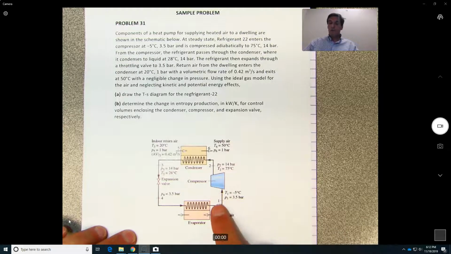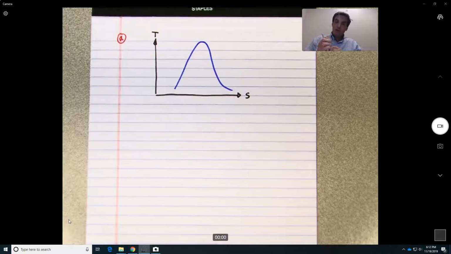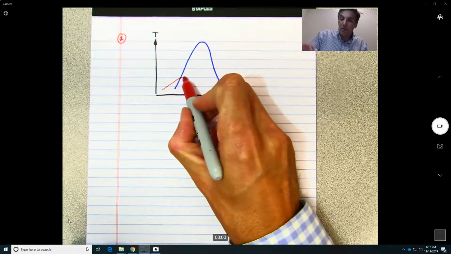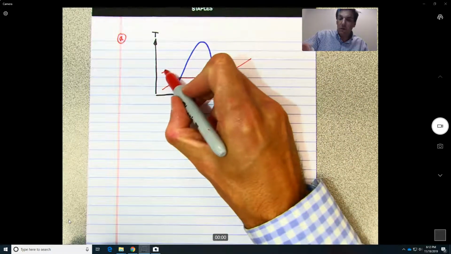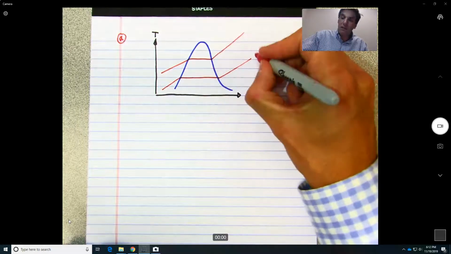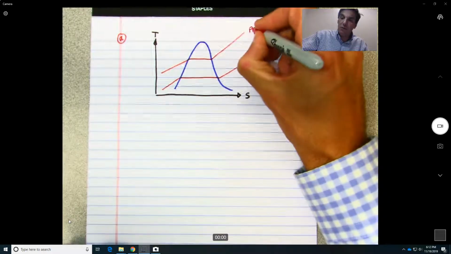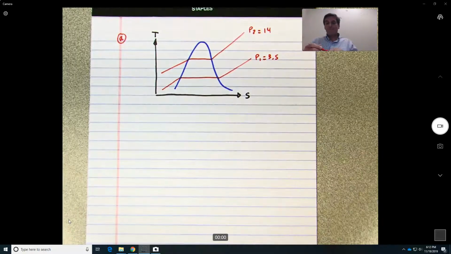So when the refrigerant goes to the compressor, it gets compressed from 3.5 to 14. So maybe on this figure what we can do is draw lines of constant pressure this way, where this would be P1 equal 3.5 and P2 equal to 14 bar.